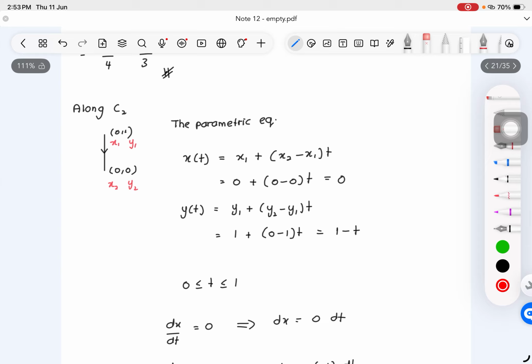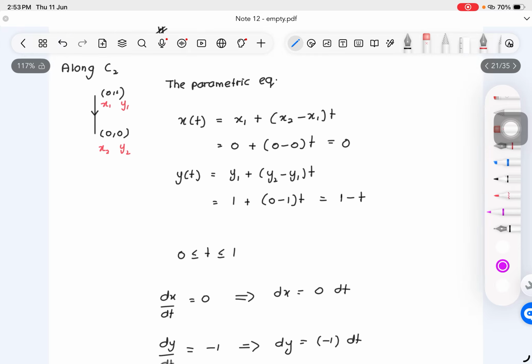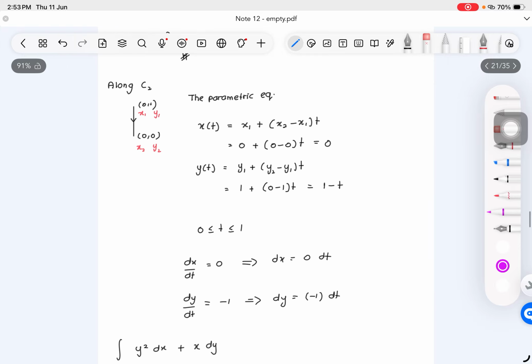How do we obtain the interval 0 to 1 here? Same steps to find the interval for t. Let's go with y: the point is moving from 1 to 0, and the equation of y is 1 minus t.